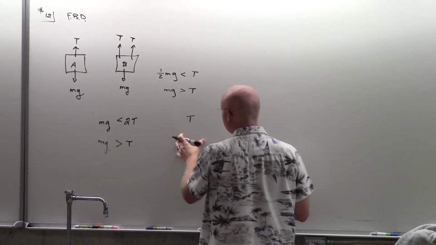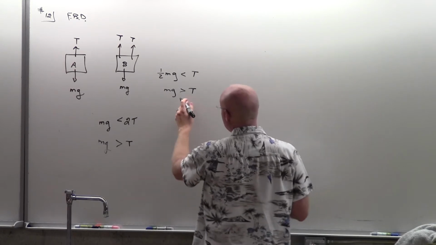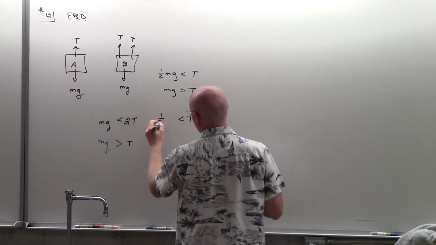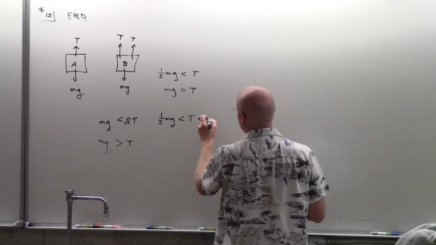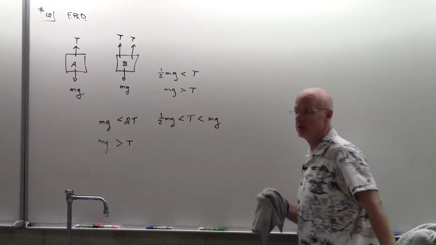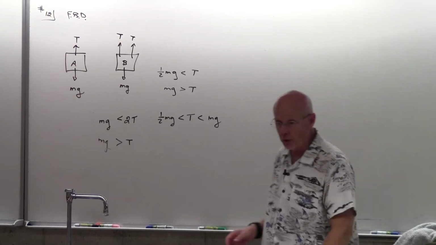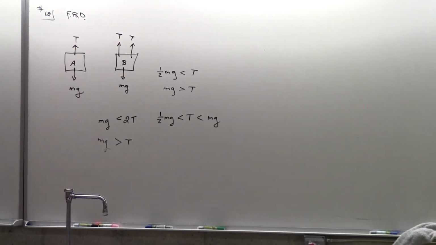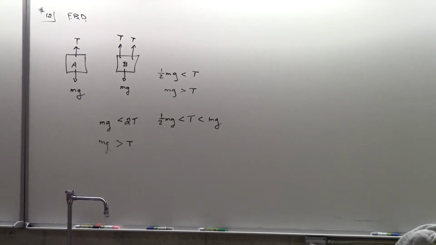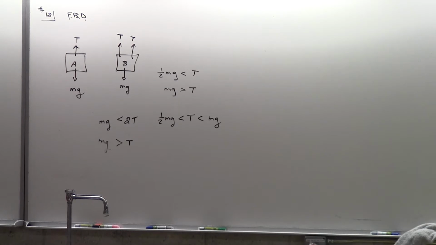And so putting those together, the tension is greater than 1/2 of mg, and it must be less than mg. All right, so that's what I know so far. Not that, like I said, that's even going to be real important to calculating the energy, but it is at least important to understanding what is going to happen.